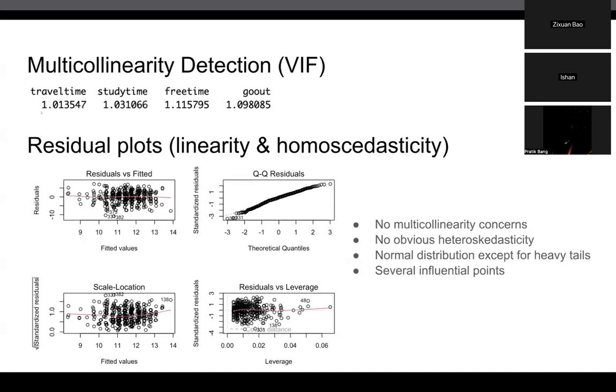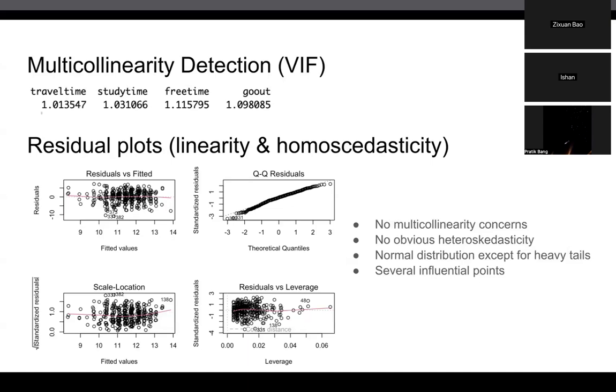And also, we drew the residual plots for it, the plots between residuals and fitted values, and between standardized residuals and fitted values. They show that there's no obvious heteroscedasticity in this model, because the points are distributed randomly along the horizontal line.